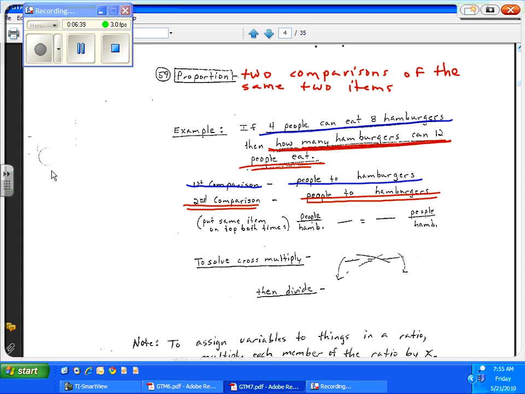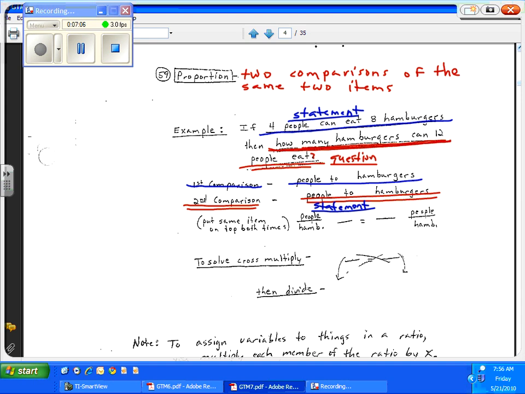And I did in the Algebra 1 text to make this a little more plain, we said, okay, we have a statement that they gave us. That's our first comparison, so we called the first comparison the statement ratio. Then they're going to ask us a question.